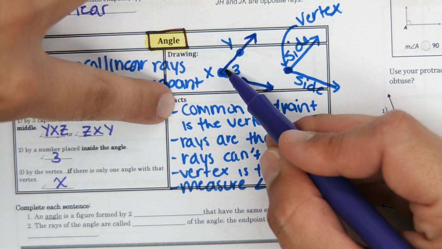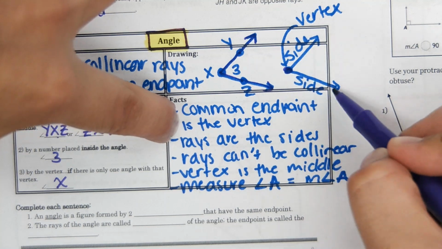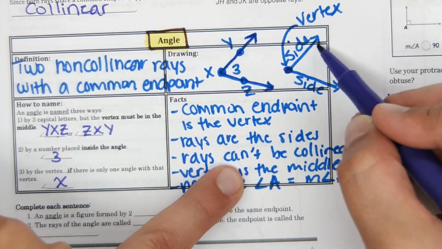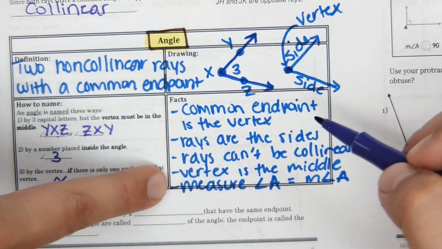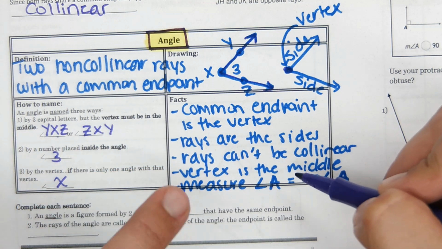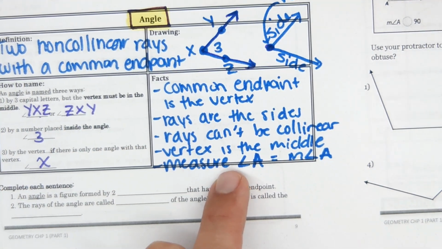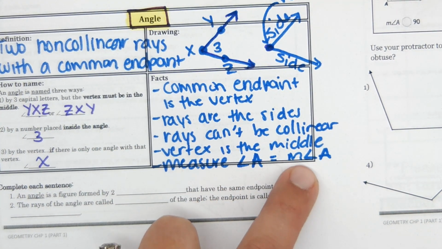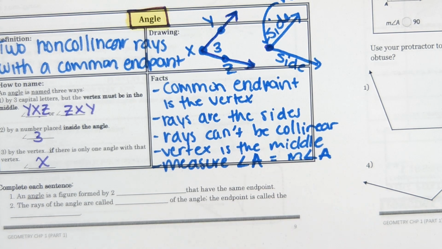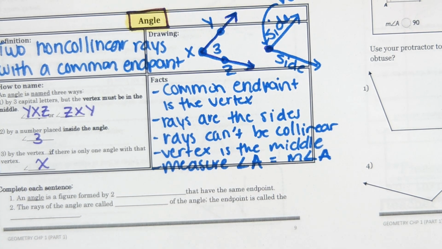So in an angle, the common endpoint is a vertex, the rays are the sides, and the rays can't be collinear, so it makes that measure there. The vertex is the middle, and then here we'll see this abbreviation: measure of angle A is abbreviated as m angle A. So if you see this, that means measure of angle A, and it's talking about degree measure, which we'll get to.